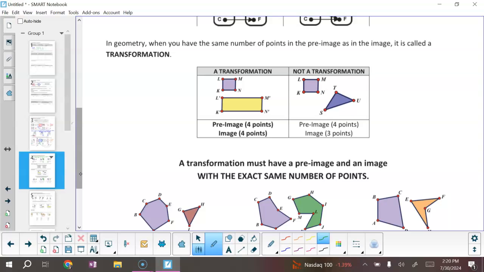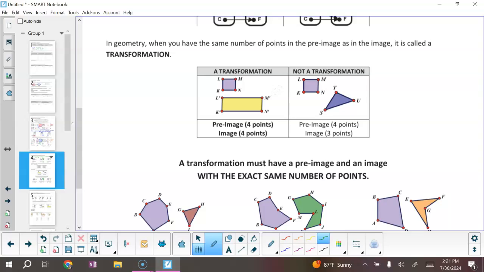So for example, in this picture here, a transformation, we've got L, M, N, K, and then they've got these new letters, and notice they've got these little marks next to them. They have this L with a little dash, and M with a little dash. What those dashes mean is that that's the new shape. So that's after we did some stuff to the first one.